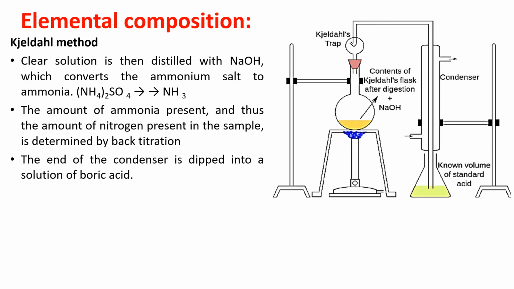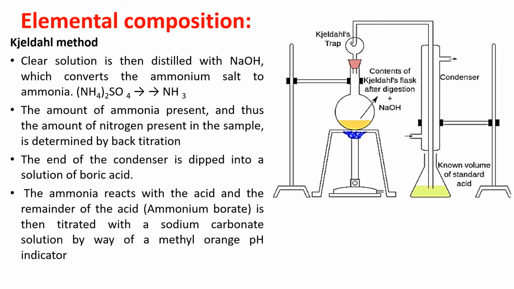The condenser converts the vapor ammonia to liquid ammonia. So the drops of ammonia will slowly trickle down and merge into the lower yellow colored liquid present in the conical flask, which is boric acid. Ammonia drops react with boric acid to form ammonium borate.